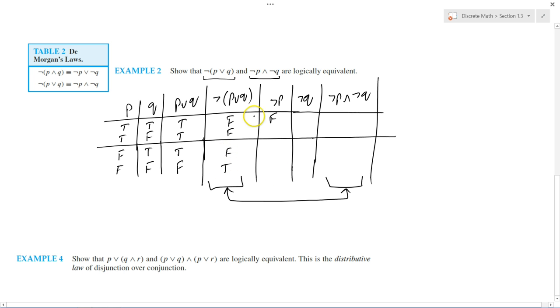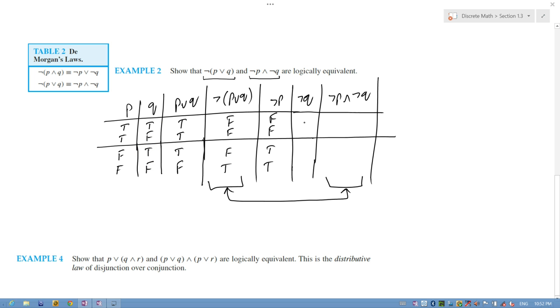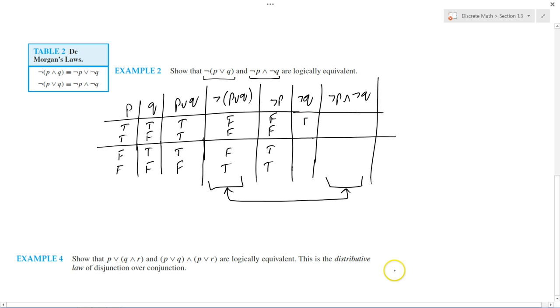It is going to be false, false, true, true. For not Q, we invert the Q column, so true turns into false and false turns into true: false, true, false, true. And now let's calculate not P and not Q: false and false is false, false and true is false, true and false is false, true and true is true.